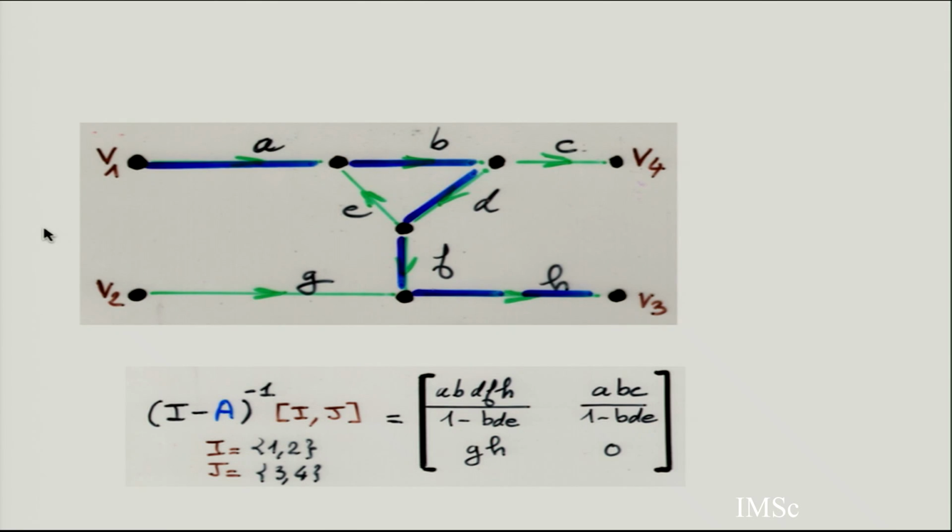If I take a path, for example going from V1 to V3, then this is a unique path, but you can make some cycles in this graph. So this unique path, which is A, B, D, F, H, is the numerator, and then making a lot of cycles explains the denominator here.